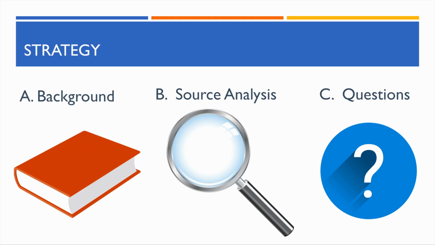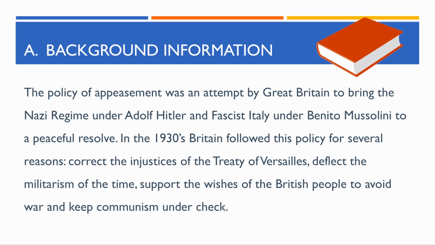So let's get started with A, looking at background information. Every paper number 2 begins with a short background information section. This is a paragraph that will introduce the topic. Usually, paper number 2 is about a specific event within the chapter which is determined ahead of time.